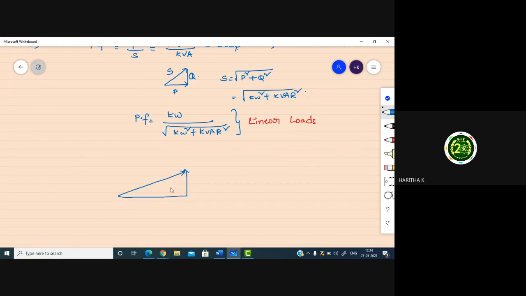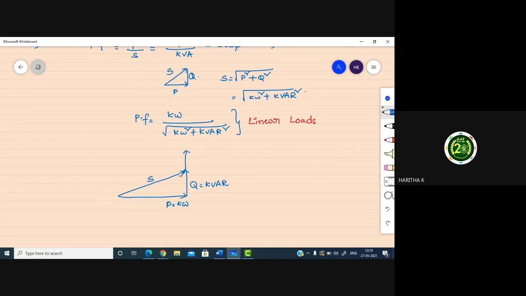If it is a linear load, this is the power triangle: this is P, that is kilowatts, this is Q, kVAR, and this is S. If it is a non-linear load, then in addition to this reactive power, additional current will be drawn.